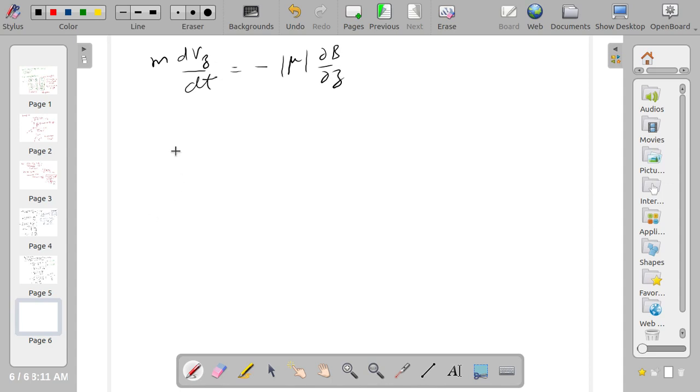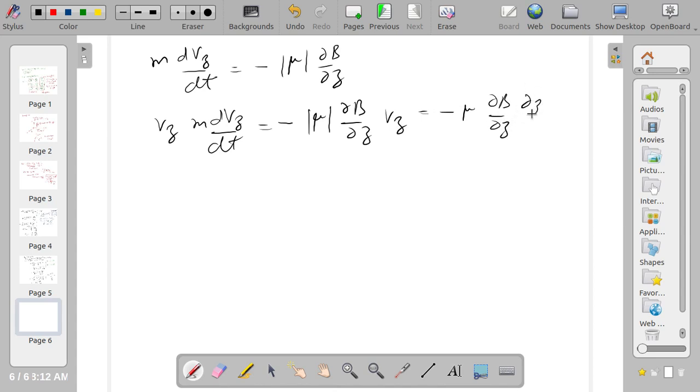So multiplying both sides by v_z, it is v_z m dv_z by dt equals minus mu ∂B/∂z v_z, and v_z can be written as ∂z over ∂t.